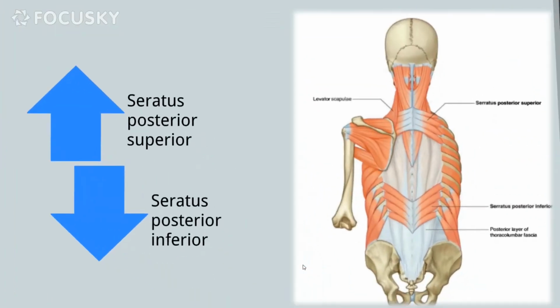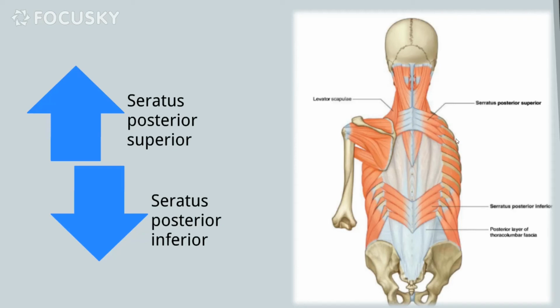So those superficial muscles are finished, and we're going to look at two intermediate muscles in the back, which are serratus posterior superior and serratus posterior inferior. It's easy to remember because the name is exactly the location of the muscle.